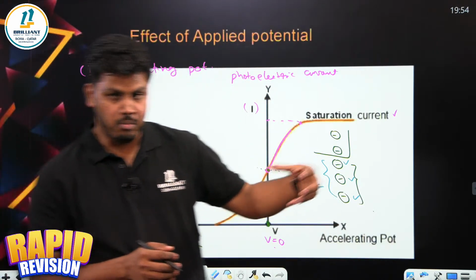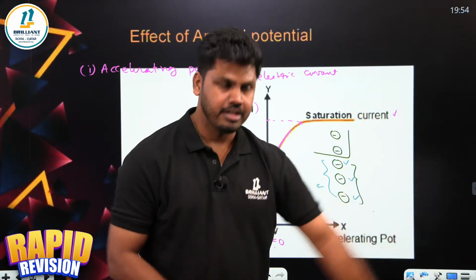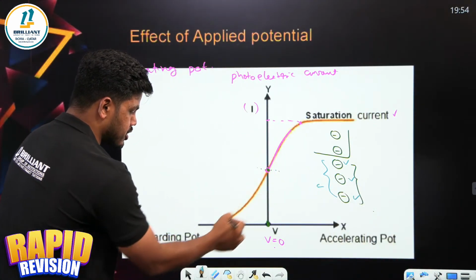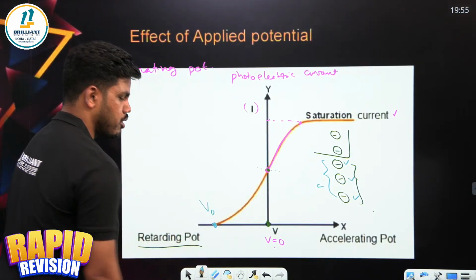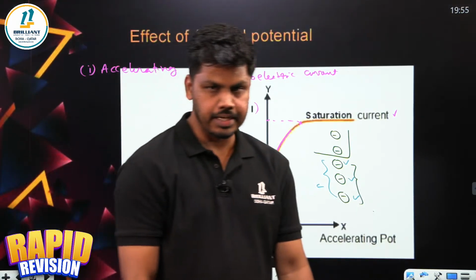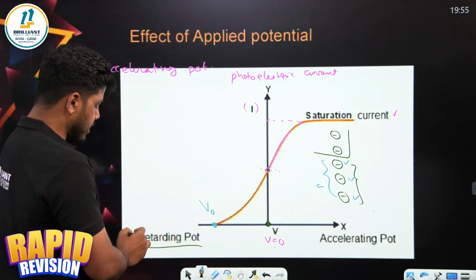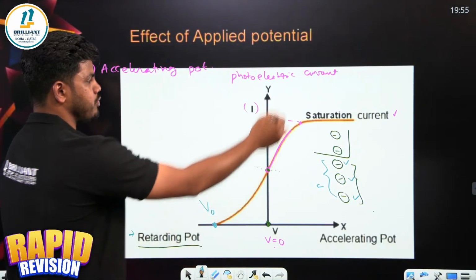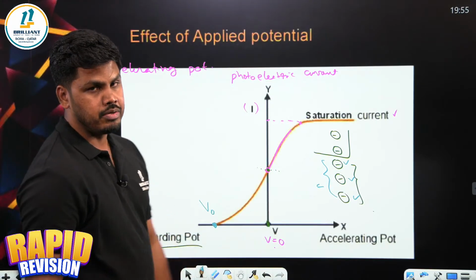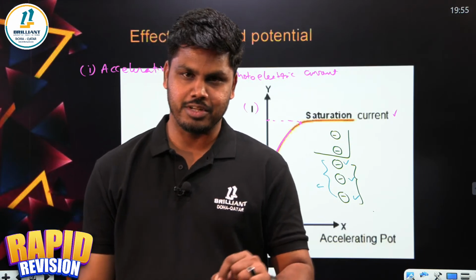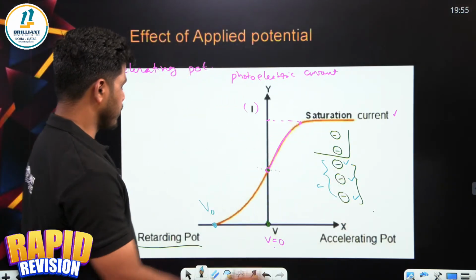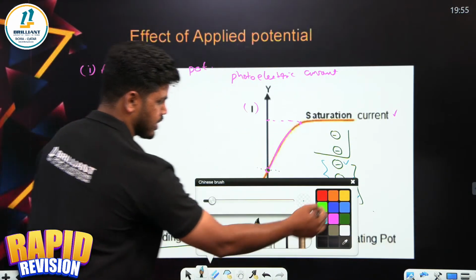The strongest electron, which has the most energy, will be stopped at the end. So when all the electrons are stopped, the current reduces to 0. And this potential is called stopping potential. Correct? Stopping potential is the retarding potential at which photoelectric current reduces to 0. Even the fastest electron is stopped. Okay, and here we got an important relation.